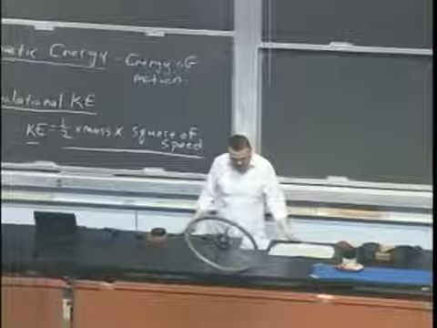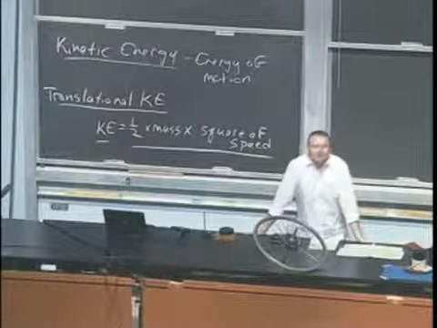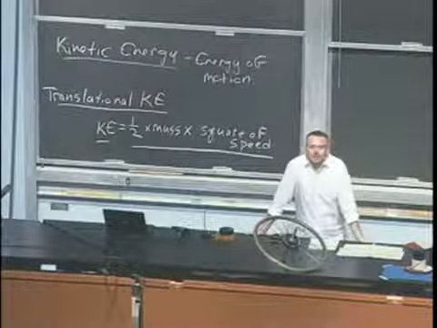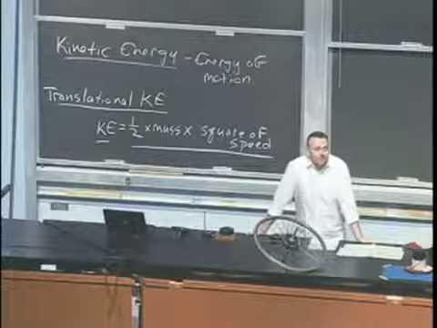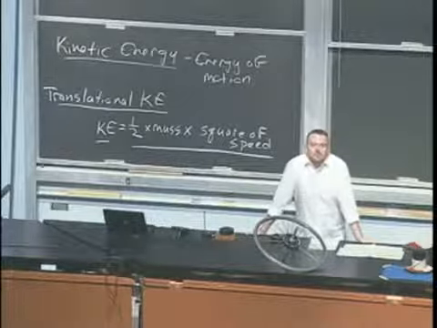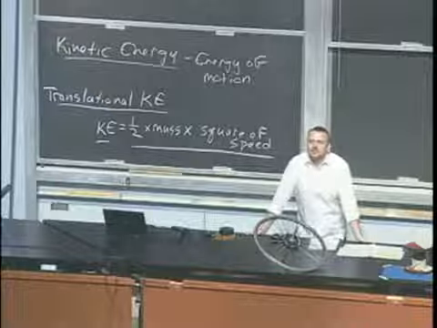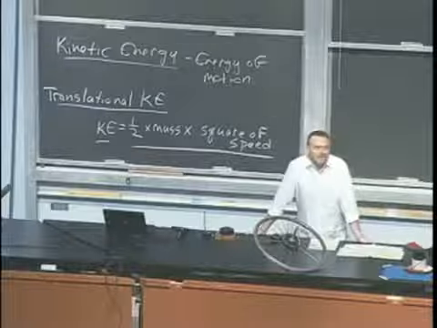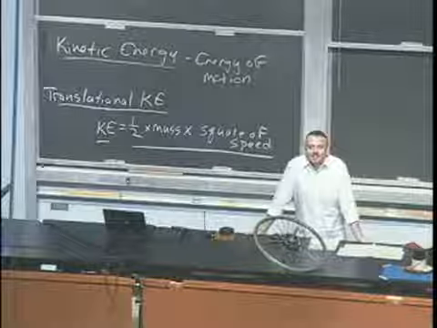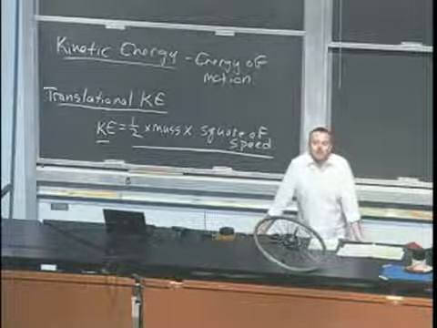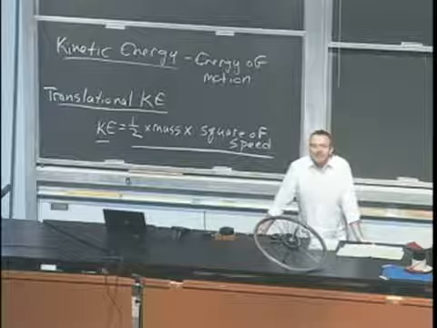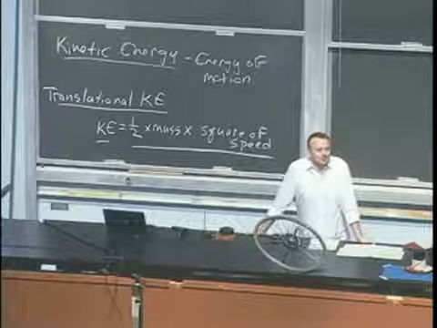By comparison, the fastest pitch that's ever been recorded was, I believe, by Nolan Ryan, and it was about 100 miles per hour. So it's only twice as fast. So that might be a little surprising that Nolan Ryan, one of the greatest baseball players of all time, could only pitch about twice as fast as your average high school pitcher.